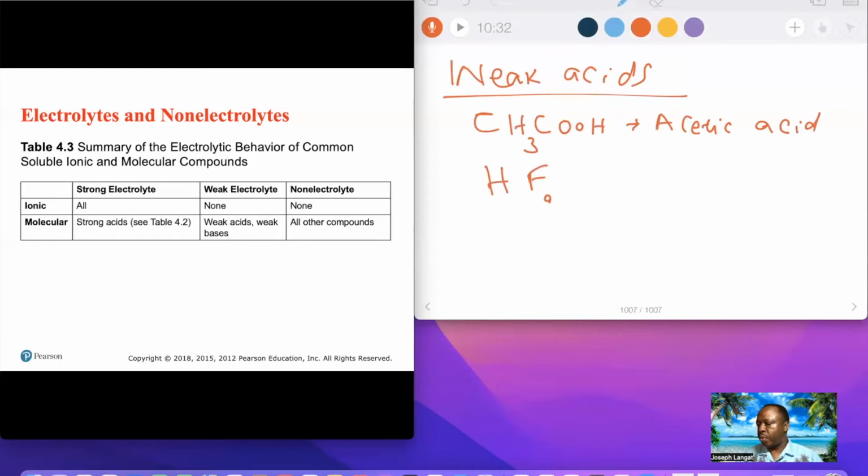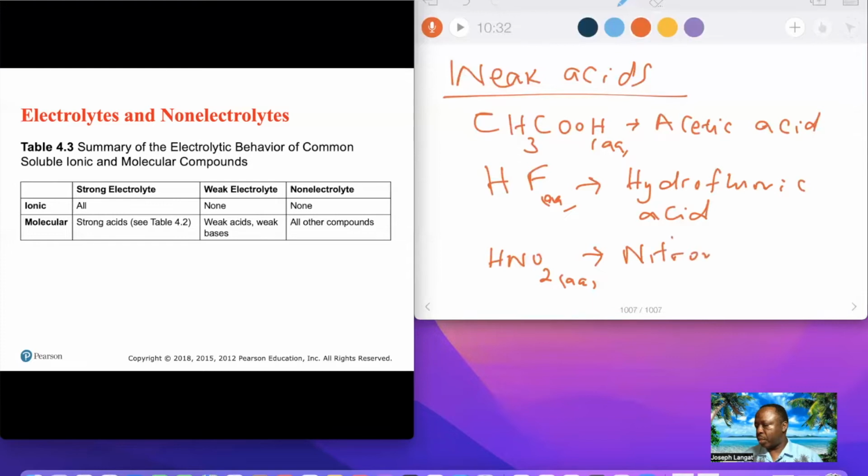HF, hydrofluoric acid, is a weak electrolyte. HNO2, aqueous, we call nitrous acid. These are just a few examples of weak acids, which are weak electrolytes.